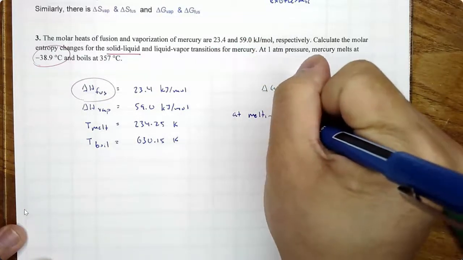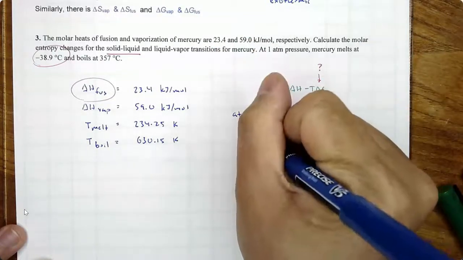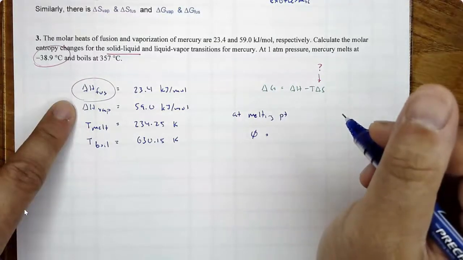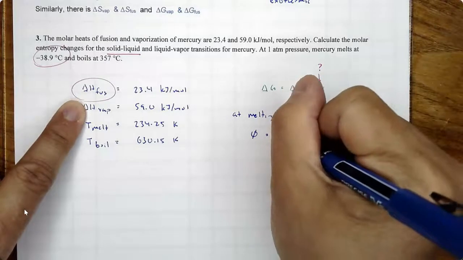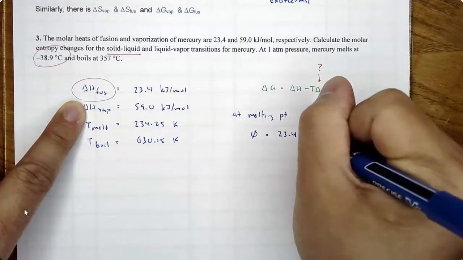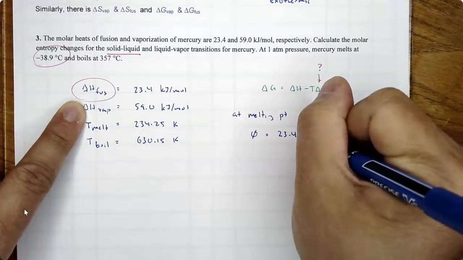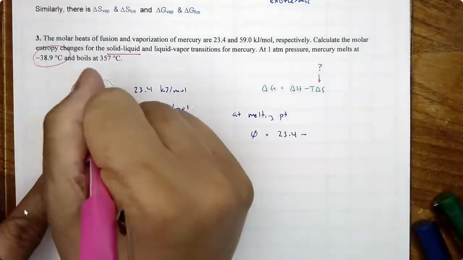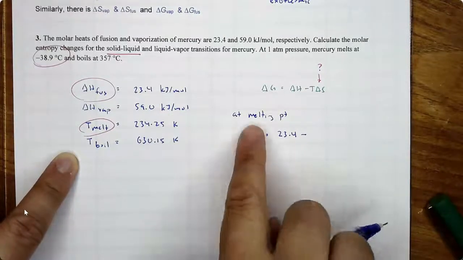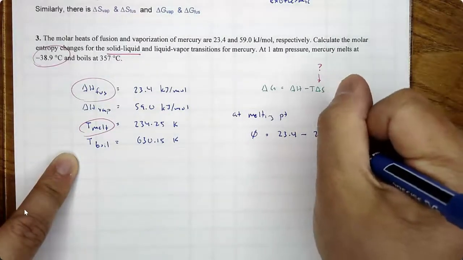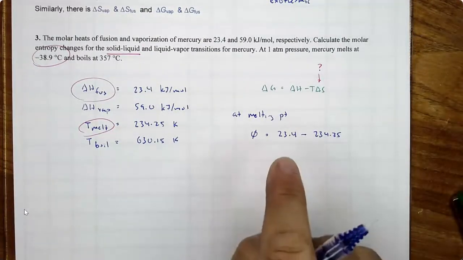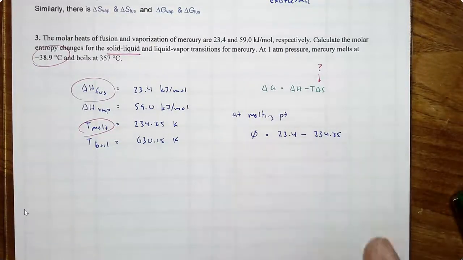At the melting point, delta G equals 0, and I need the delta H, 23.4, minus the melting point, 234.25. Just give me one second.